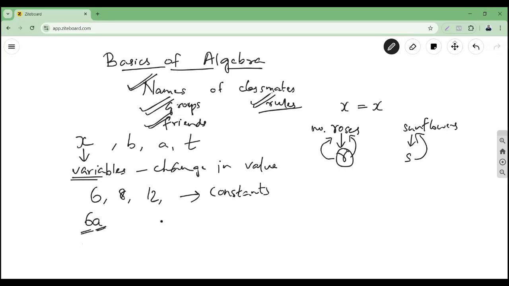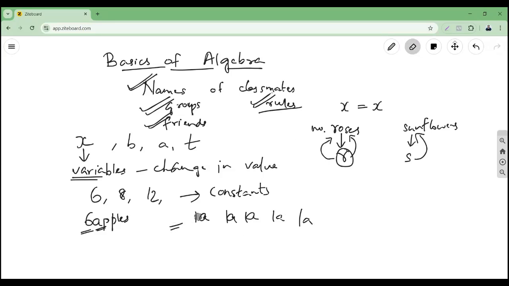See, this is 1a, there's another a, another a, another a. So this a means only one a. Let's say a means apples. 6 apples means one apple here, another apple here, another, another, another, another. So the 6 apples. Understand it like that.